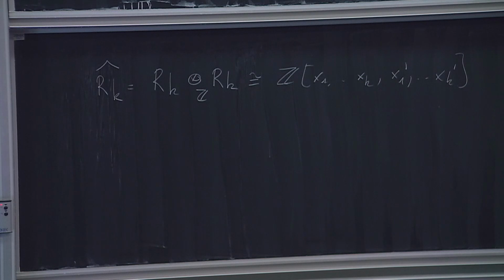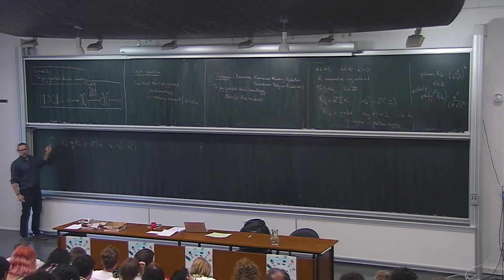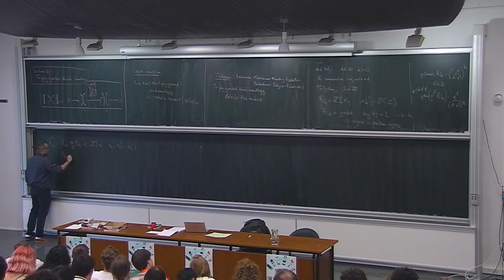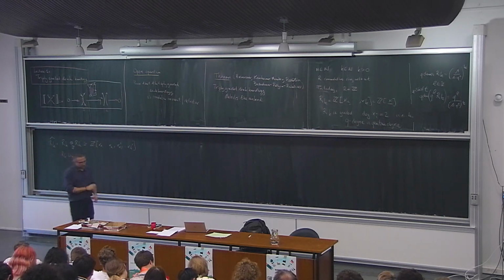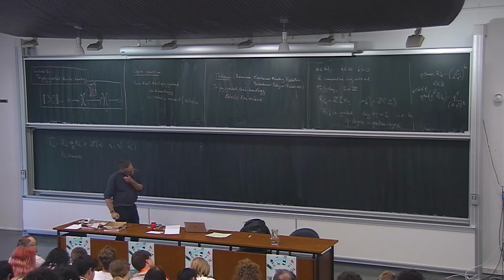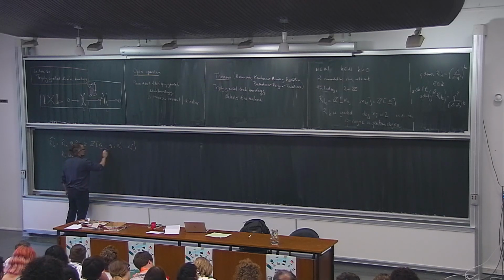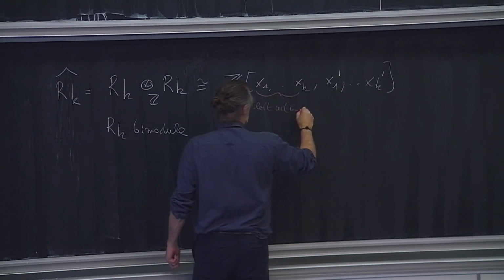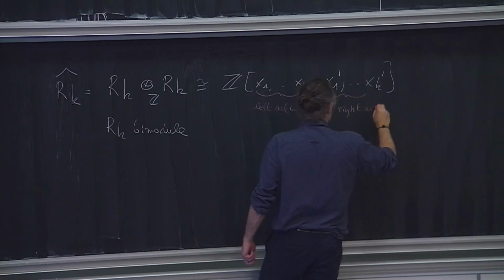By this, I want to recognize that you can act with R_k either on the left or on the right, so this is an R_k bimodule. And using the isomorphism with variables x and x', I just want to recall that this is the left action and this is the right action.